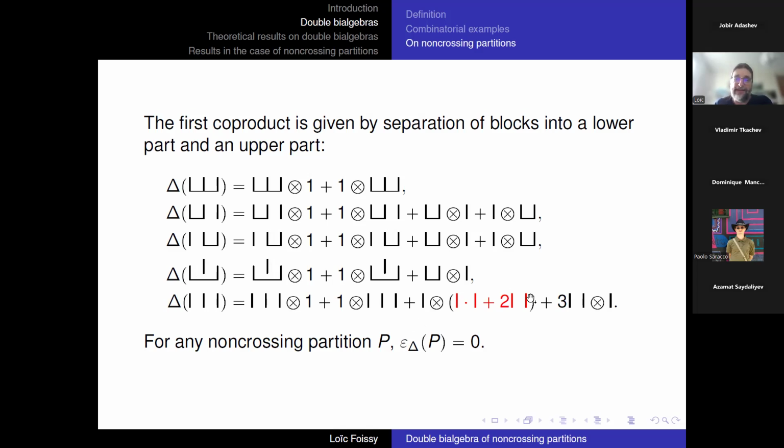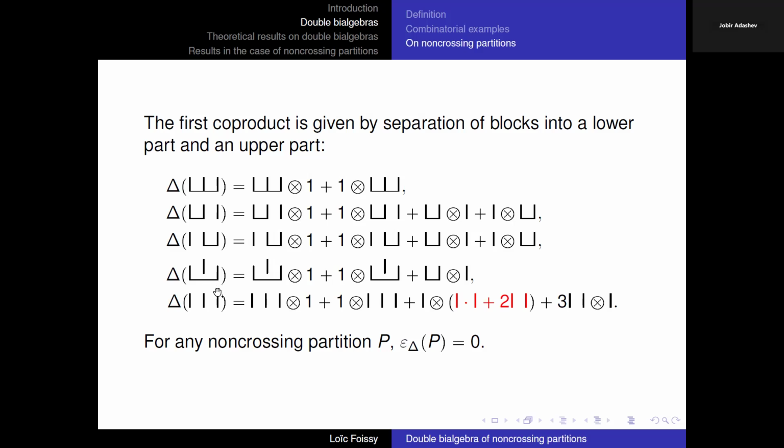But there is a subtlety you can see here in red. For this, for example, I choose to put these 2 blocks on the right. What you obtain on the right is this, and on the left, well, it remains only 1 block. You can put all these 2 blocks on the right. It gives you this also, so coefficient 2. And on the left, it remains only 1 block, this.